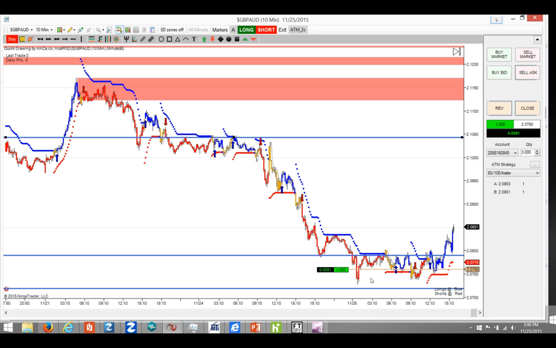Risk reward, I'm looking to try to capture, if my entry is here, a minimum of, this is like the minimum 281 pips. So we'll see what happens.